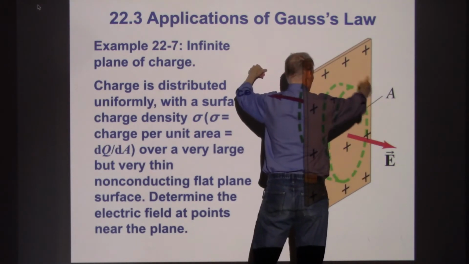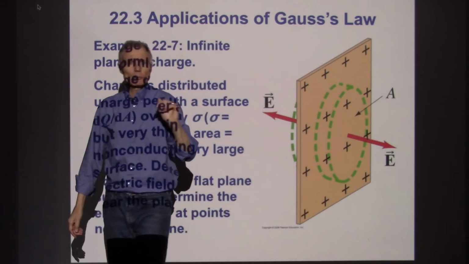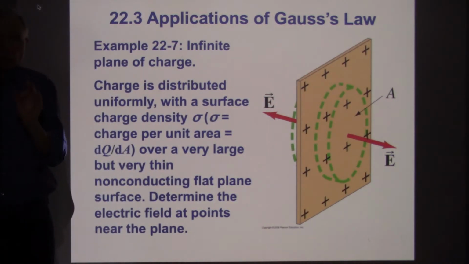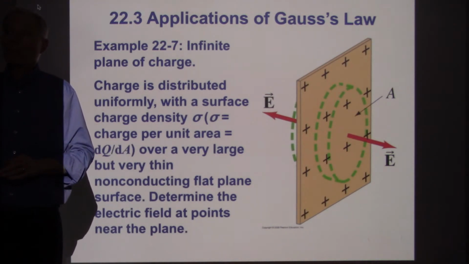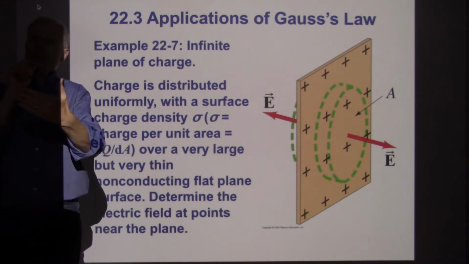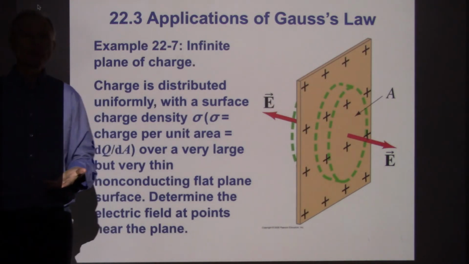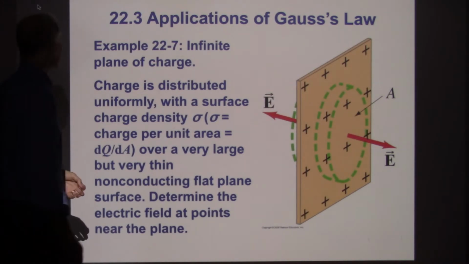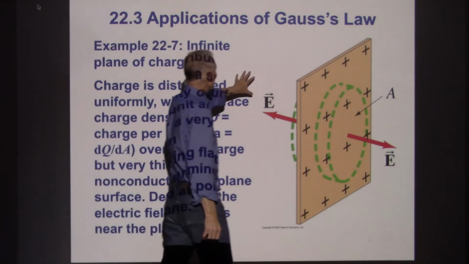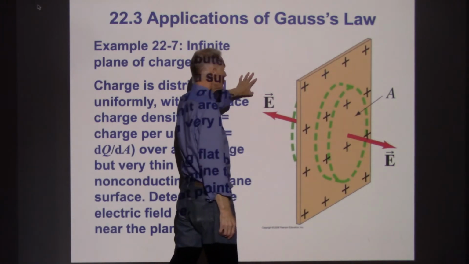Let's think of it as a disk. In fact, if you remember, back in chapter 21, we did a direct integration of the electric field along the axis of a charged disk. So we did that problem exactly through direct integration. And now we're going to use a Gauss's law approximation for that.